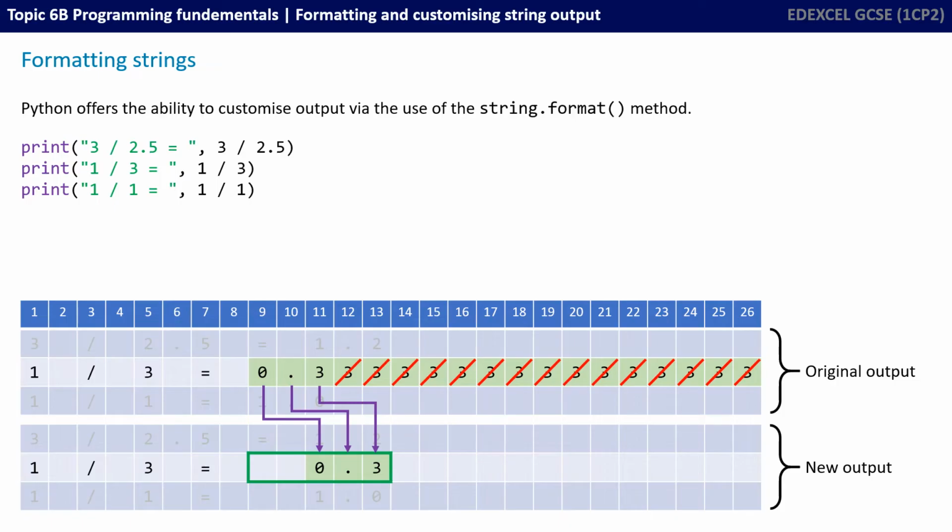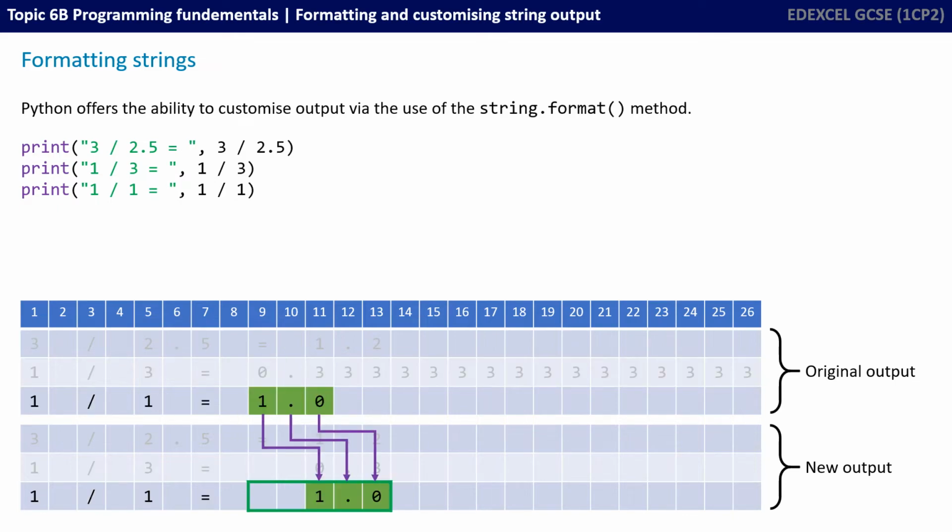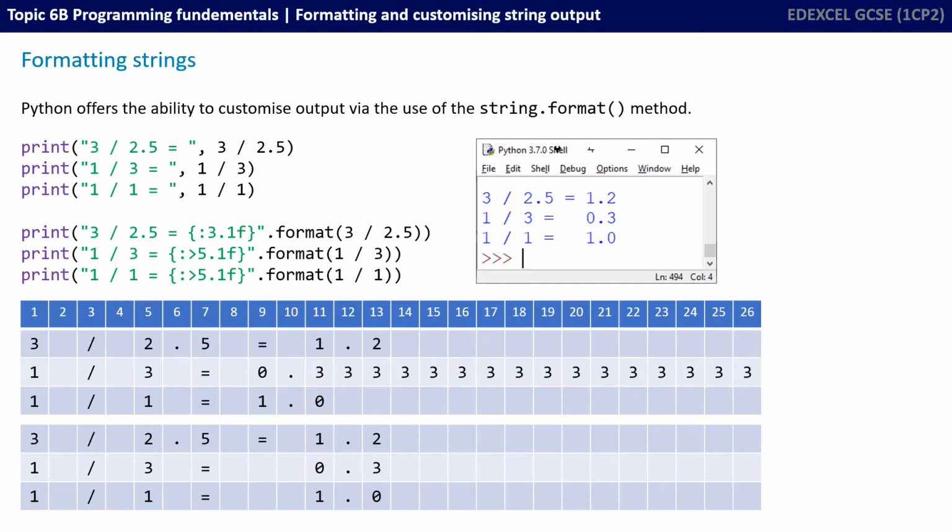And we also want to get rid of all the reoccurring digits after the first decimal place. And of course, this needs to be padded by the two places on the left so that it lines up correctly. In a similar way, there's no additional elements to knock off the right here, but we want to pad the number two spaces to the right so it lines up neatly. So all of this can be achieved by the .format method.